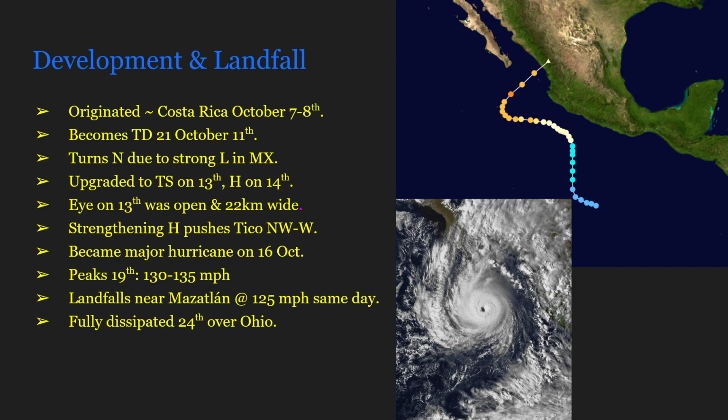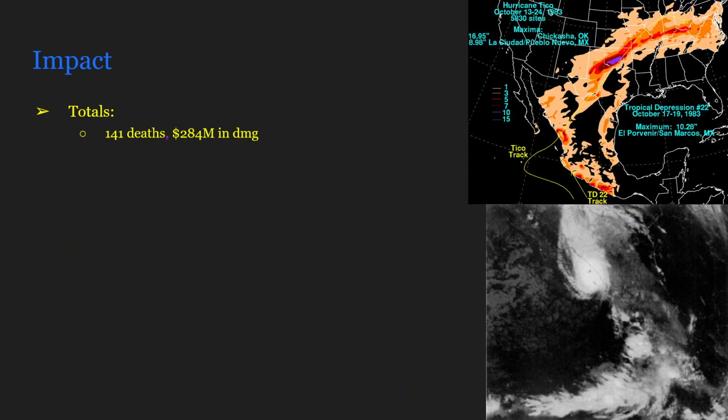So Tico being a pretty strong storm upon entering Mexico. However, we wouldn't see the largest amount of rain in Mexico, which is odd, or maybe not, depends. Tico would cause the deaths of 141 individuals, 135 of which happening in Mexico, and $284 million in damage.